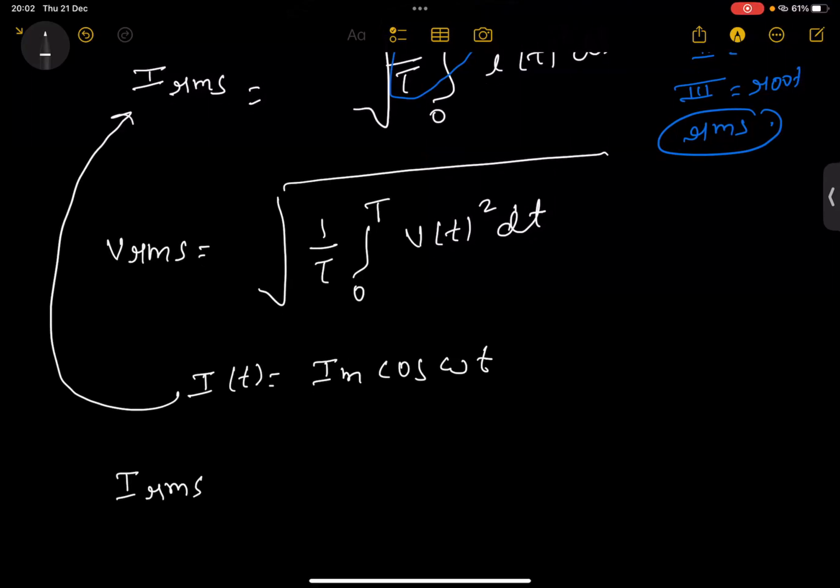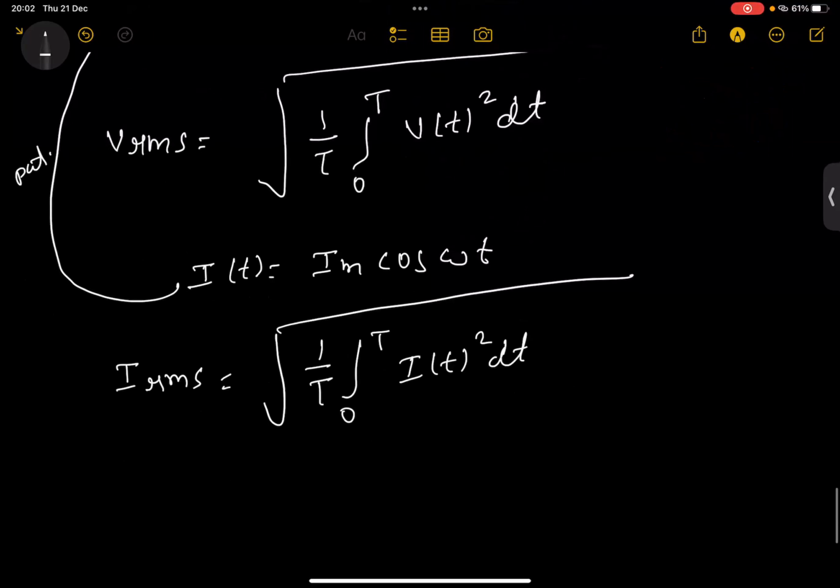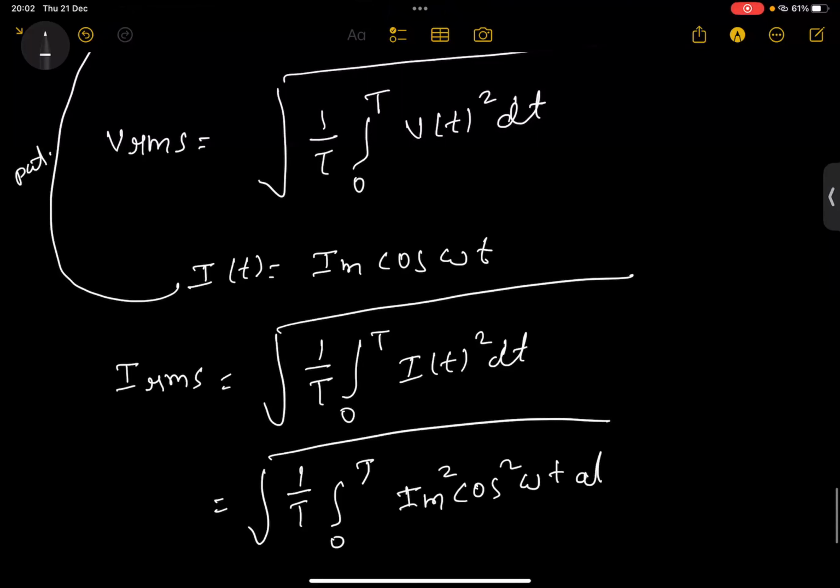The RMS value will become under root 1 by T, integral 0 to T, i(t) square dt. Put the value of i(t) in this: 1 by T, integral 0 to T, I maximum square cos square omega t dt.